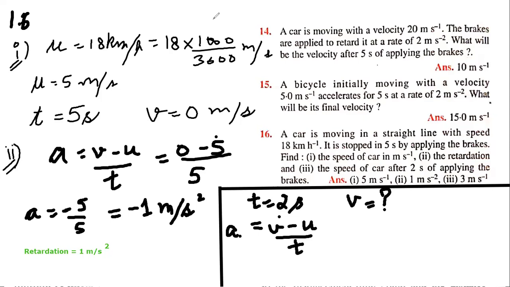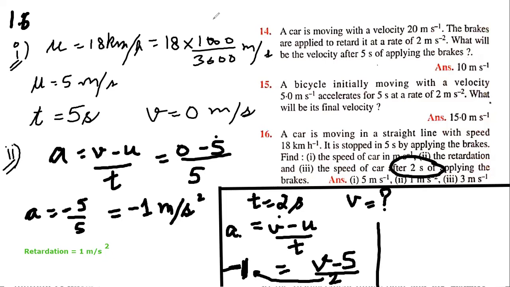Now put a as minus 1. Don't write down 1. a is minus 1 here. v we have to find, minus u, which is 5, and time is 2 seconds, students, because we are asking what happens after 2 seconds. So this 2 will go on the left side.